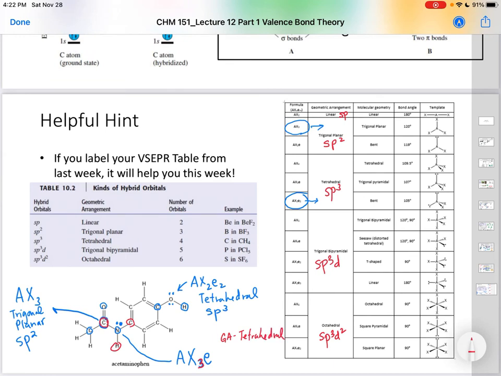Again, we're not looking at the molecular geometry, but the geometric arrangement. And so AX3E would be right here, so it would again be sp3. This is how you should do the homework. On that first page, you should be able to draw the Lewis dot structure, and then from that determine the geometric arrangement and then the hybridization.